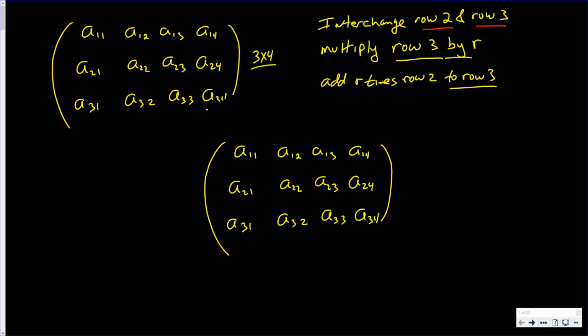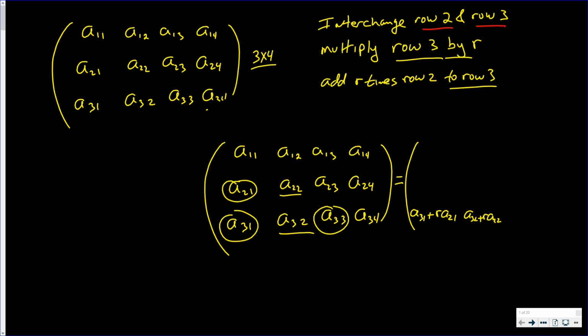So the last row is going to be row 3 plus r times this. It's going to be row 3, A32, plus r times that, r times A22. It's going to be A33 plus r times A23. The last entry is going to be row 3.